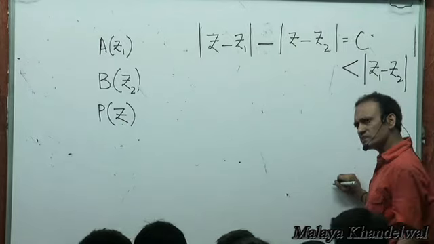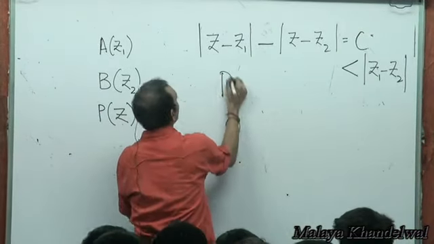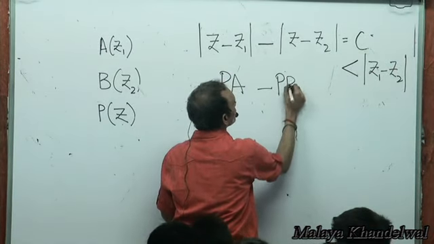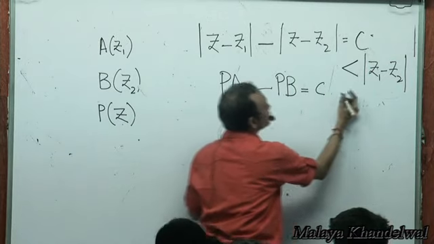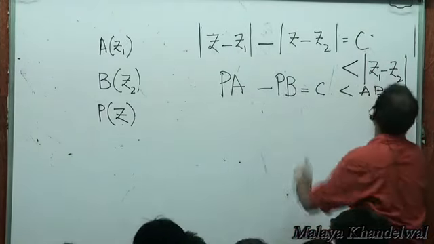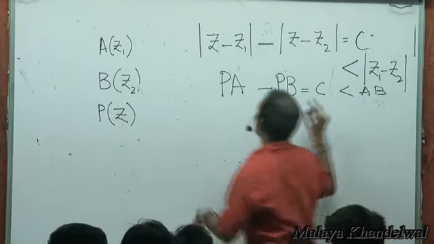Then what's the locus of P? A hyperbola. This is like PA minus PB equal to a constant C, which is less than AB, because the difference of two sides must be less than the third side in a triangle. So that's why this C has to be.